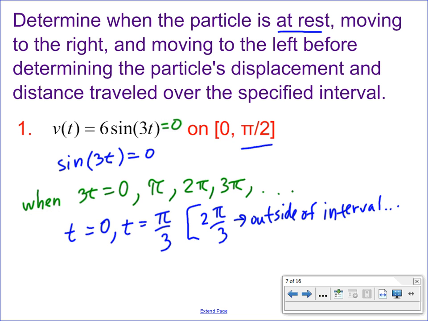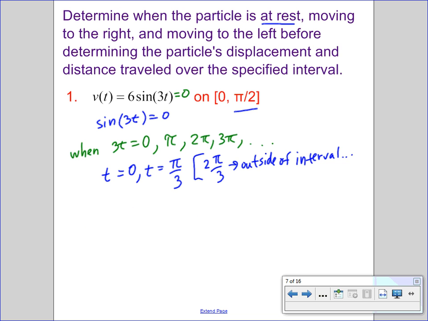All right, when is it moving to the right? This sounds like a job for a velocity number line. So I'll go ahead and make my number line. Label it v of t and choose the time values. The critical values are 0, which was on the endpoint of the interval, and pi over 3. In between 0 and pi over 3, I could choose a convenient t value.